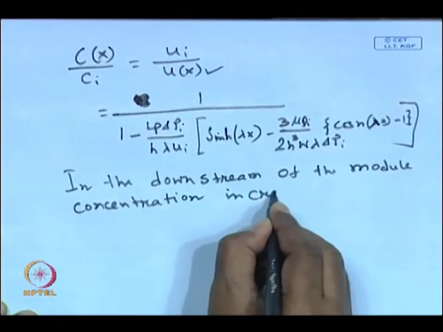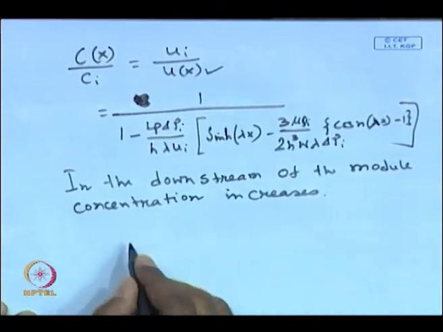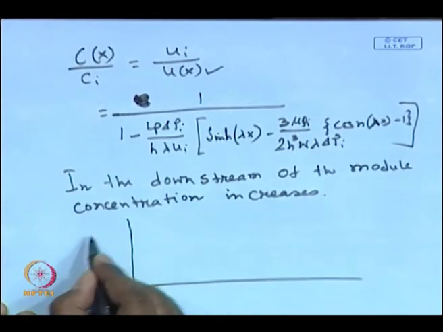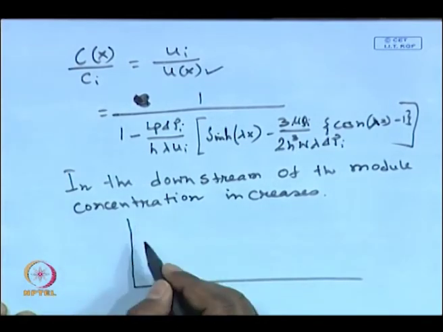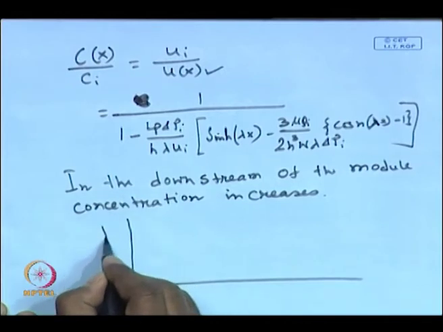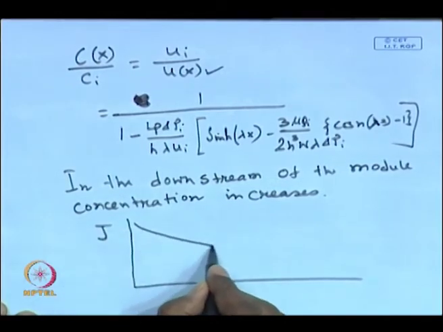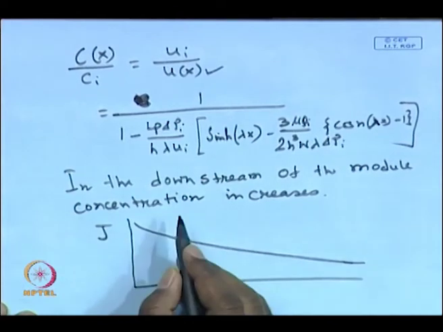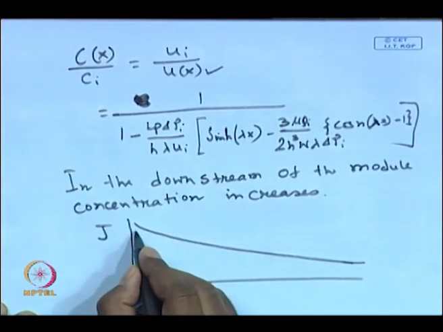Concentration increases. So if you now plot a profile, your pressure drop will increase as you go down, your flux will decrease something like this, your velocity will be decreasing.